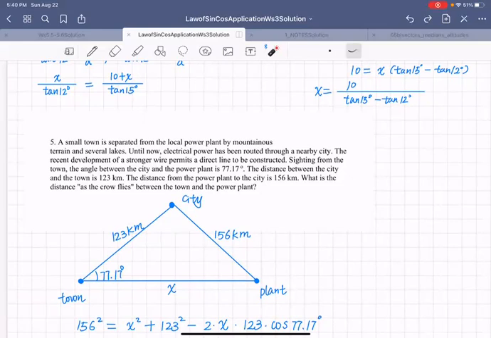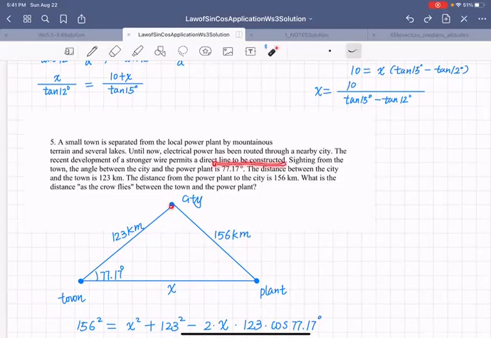Until now, the electric power has been rerouted through a nearby city. The recent development of a stronger wire permits a direct line to be constructed, siding from the town.